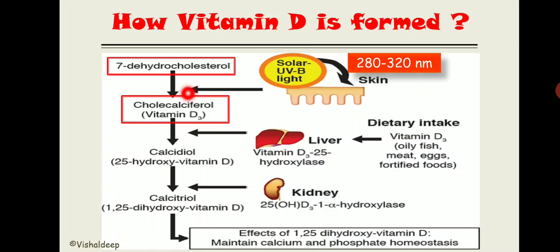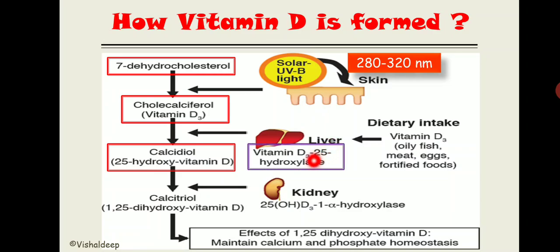Once this cholecalciferol is formed, it enters the liver via the circulation, and it will be converted into calcidiol with the help of the 25-hydroxylase enzyme. This 25-hydroxylase enzyme is situated inside the liver.